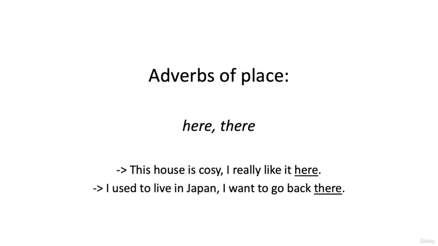I really like it here. The adverb here indicates the house that the speaker is in. Now, in the second example, I used to live in Japan. I want to go back there. The adverb there indicates that the speaker is not in Japan now.